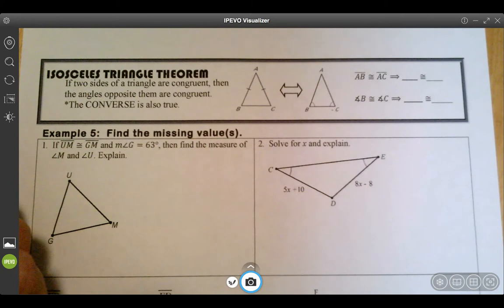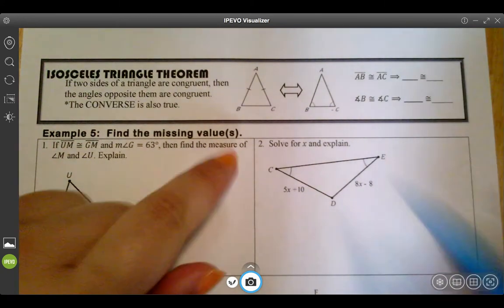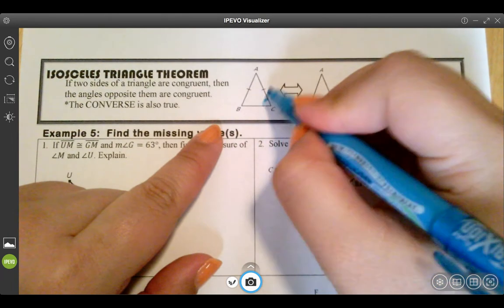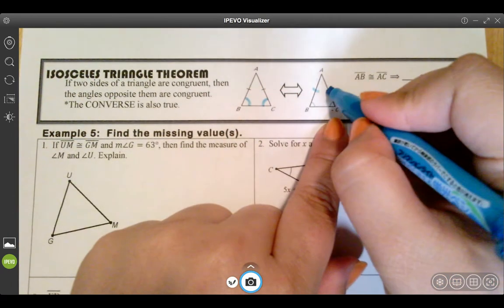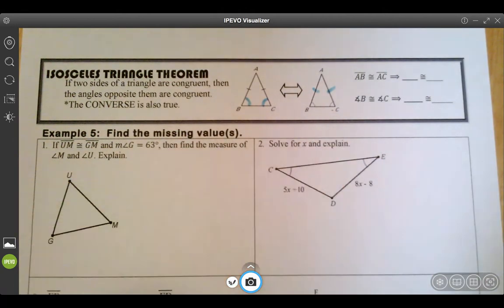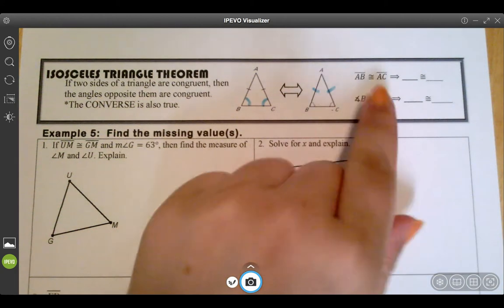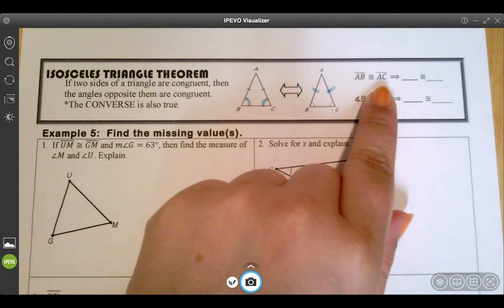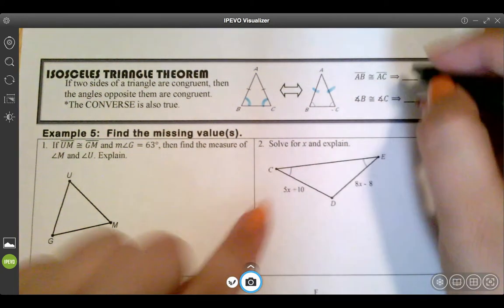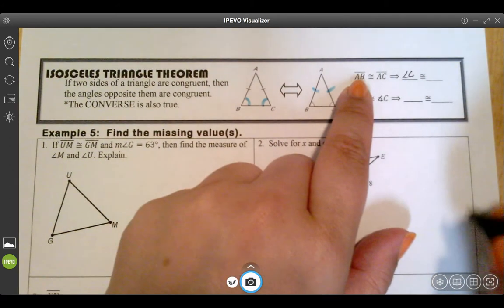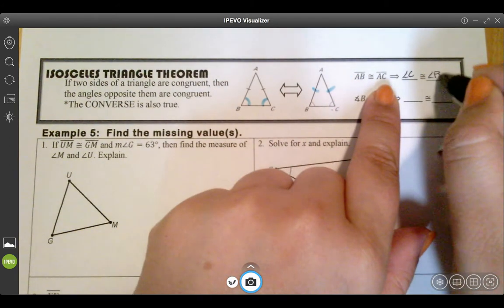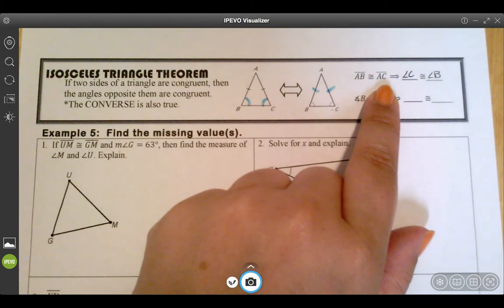So I'm going to do this in a different color just so you can see. If the sides are congruent, that means the angles are congruent. If the angles are congruent, that means that the sides are congruent. So how do we write these congruency statements? Side AB congruent to side AC means that the angle that's not in that side is congruent to the angle that is not in that side.